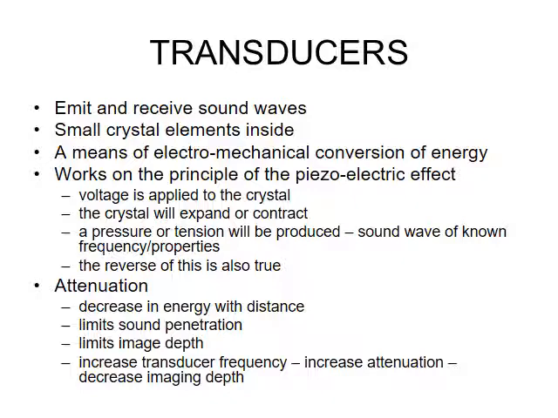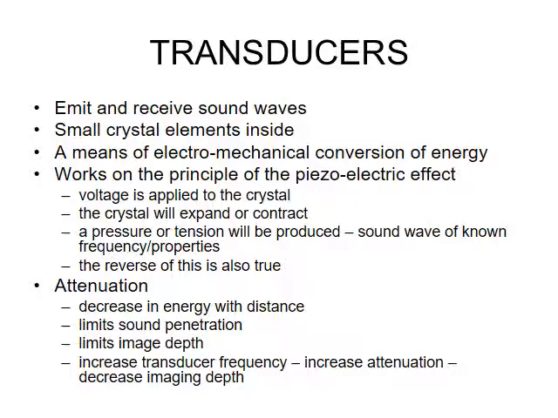Now, what we also have to remember about a sound wave is this property called attenuation. That just means that as the sound goes through the tissue, it's going to get scattered and absorbed and reflected by the tissue that it's moving through.